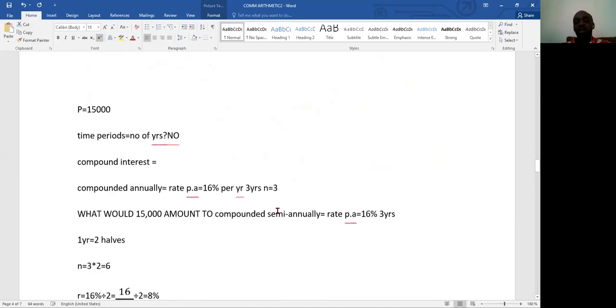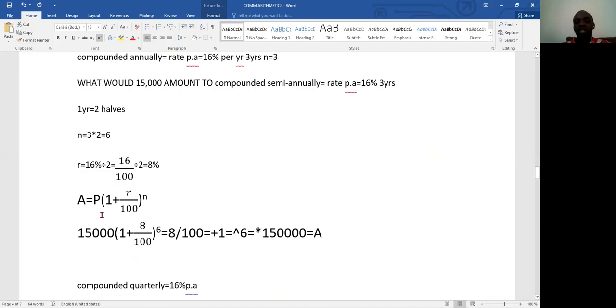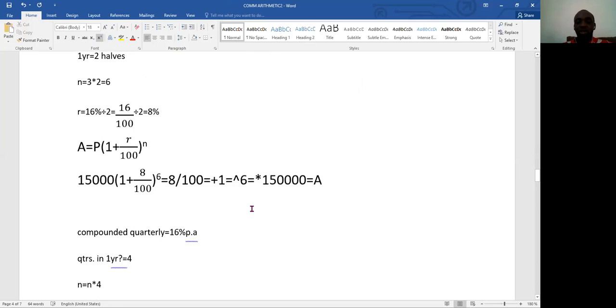So it is very important to know this compound interest formula. If you are told compounded semi-annually, or whatever, you have to change it according to how the question has been framed. That is very, very important.